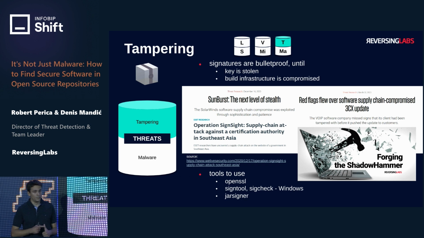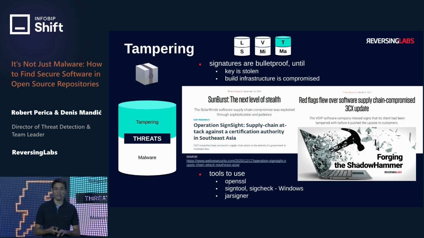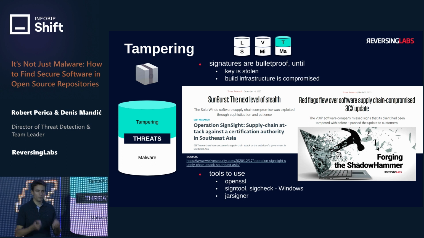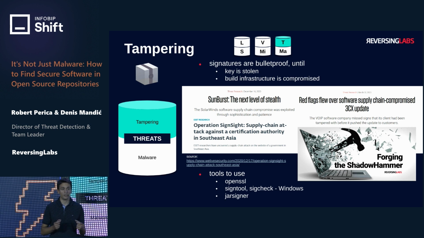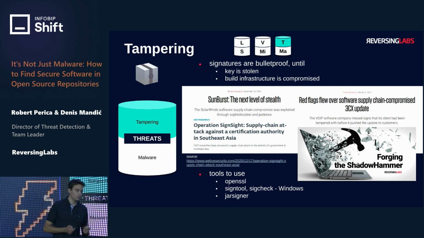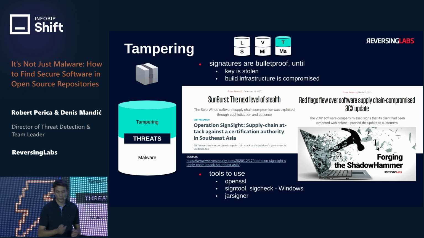The impact of these attacks was their reputation, a lot of lost time, and money. However, in certain cases, it was painfully obvious that the digital signing process had been tampered with, and this could have been spotted before the release. Now, you can use many tools depending on your environment to verify if digital signatures are correct, such as OpenSSL, SignTool, SigCheck, JarSigner, and so on.